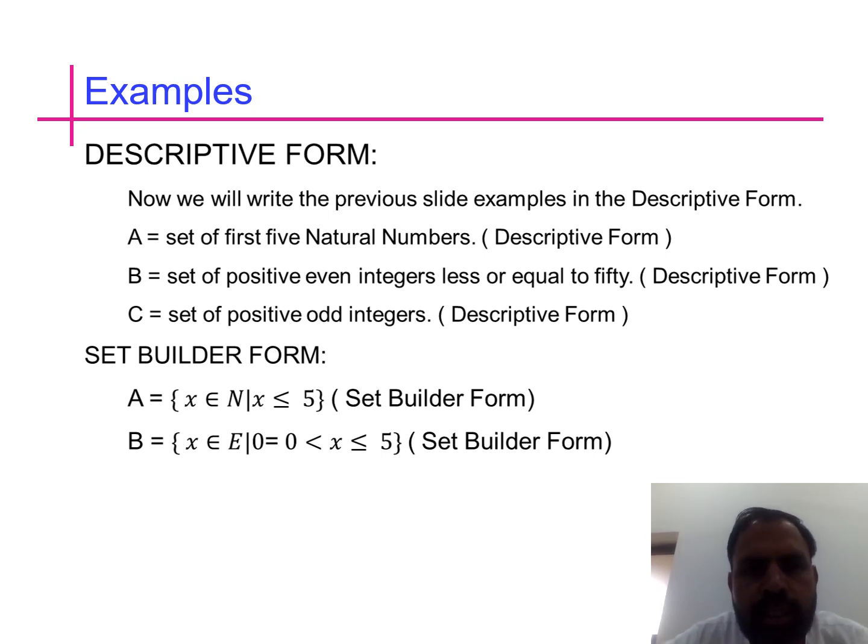What is descriptive form? Now we will write the previous slide's examples in descriptive form. A is the set of the first 5 natural numbers.